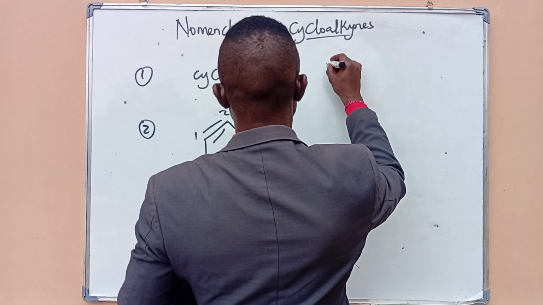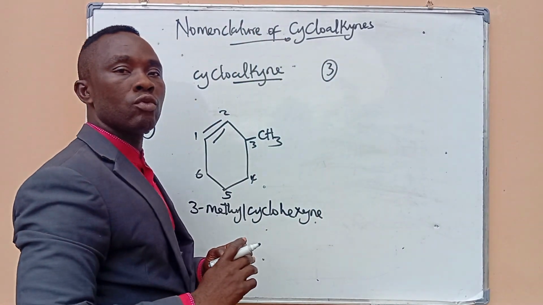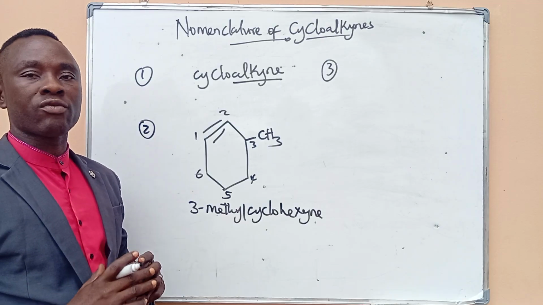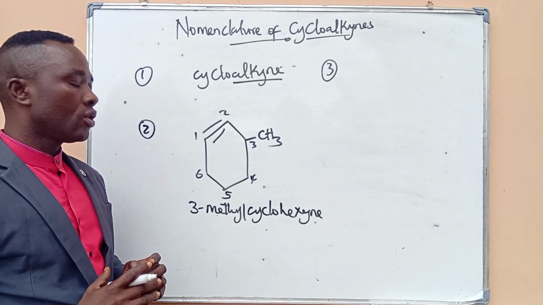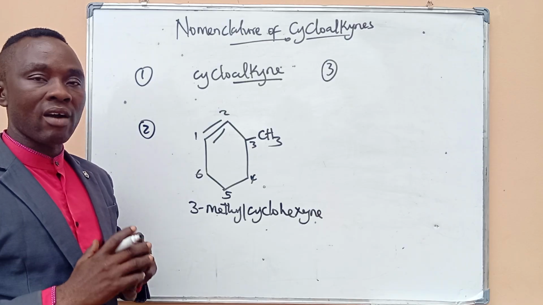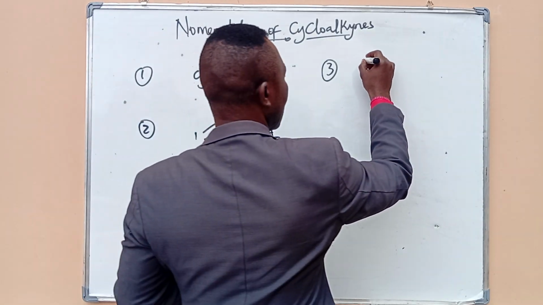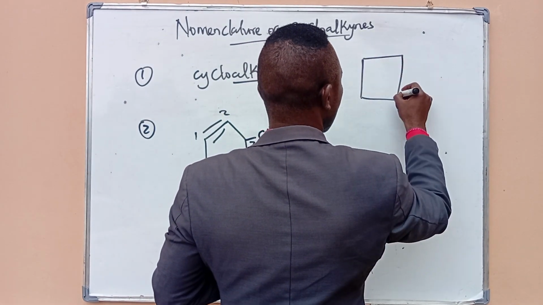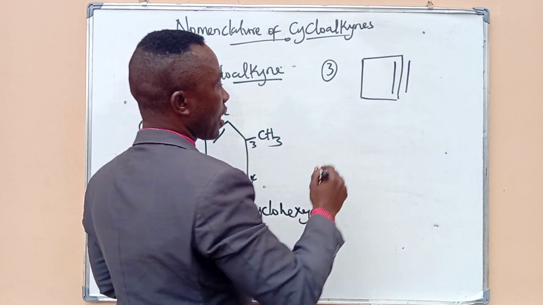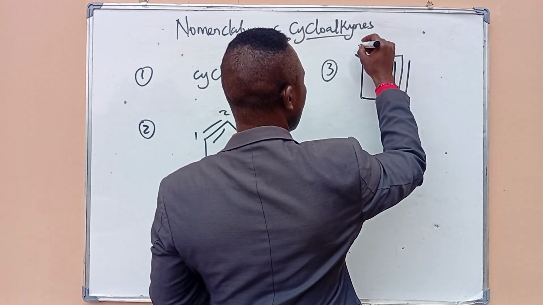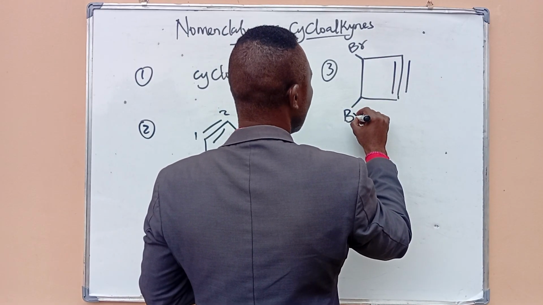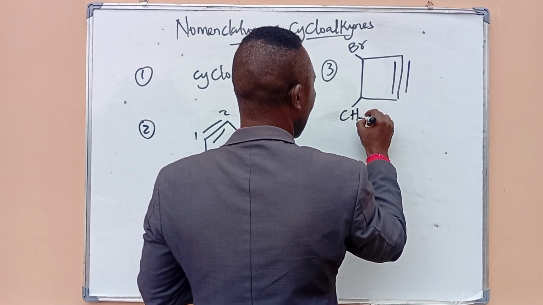Now, if we have 2 or more substituents, that is the third rule. When you have 2 or more substituents, you will name them alphabetically. Let's say we have a cyclobutyne, and there is a substituent here, which is Br, and there is another substituent here, which is a CH3.